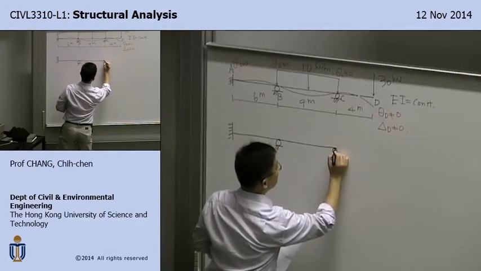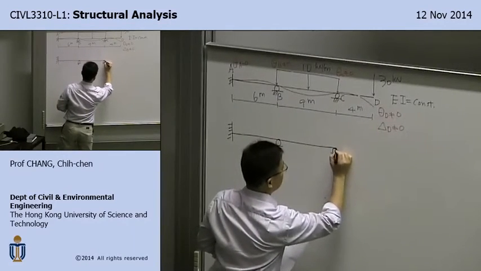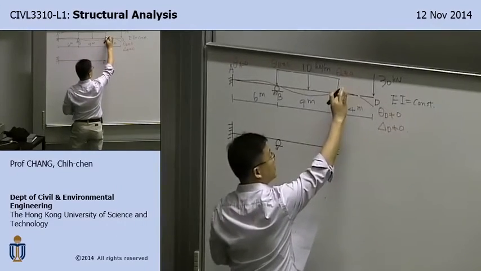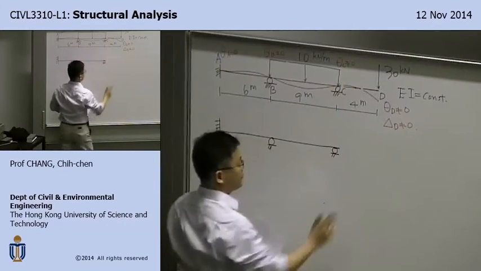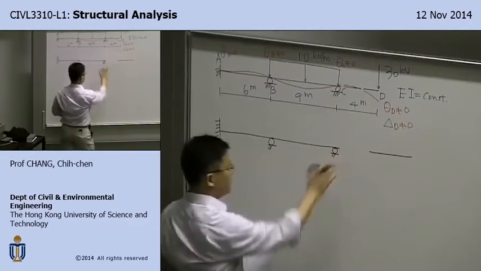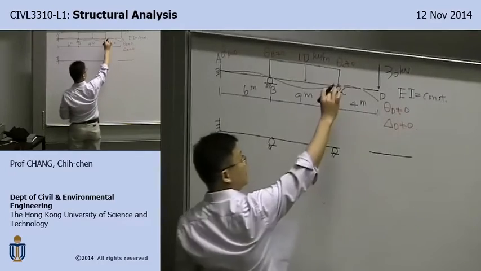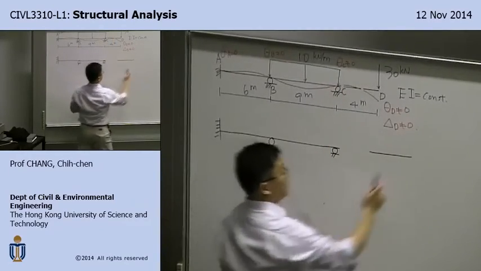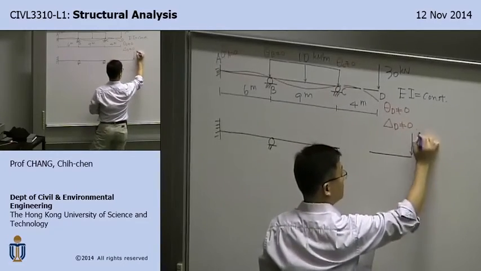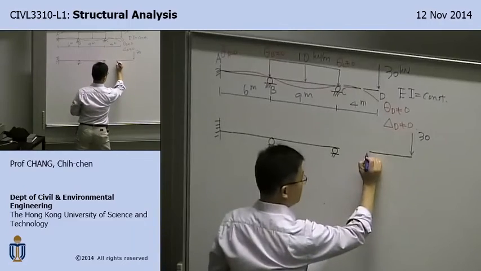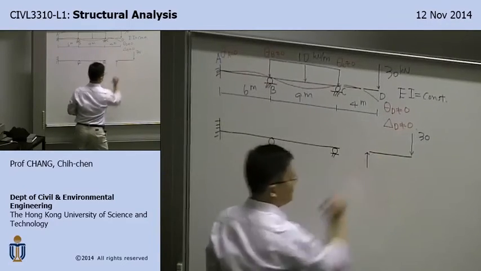So what you need to do is cut the structure into two parts. One part is I cut it from here. So this is the right-hand side. This is the left-hand side. I cut it just to the right of C. So I have an external force of 30 there. And I know I'm going to need a shear force of 30 upward to balance that.